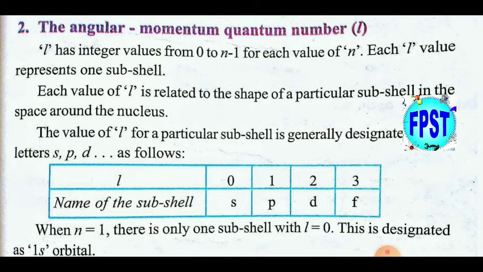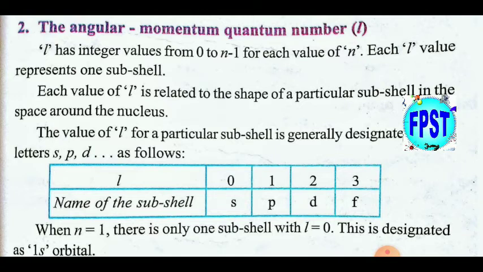He introduced the subshells. First subshell takes the L value 0. It is the only subshell in the first shell. For the second subshell, the L values are 0 and 1. In this way, L has integer values from 0 to n minus 1 for each value of n.